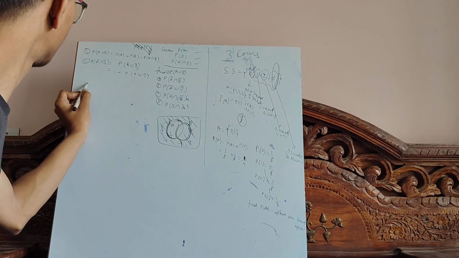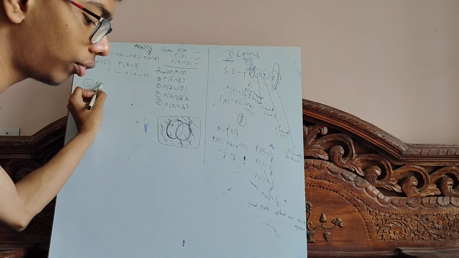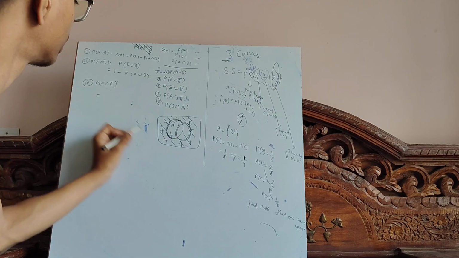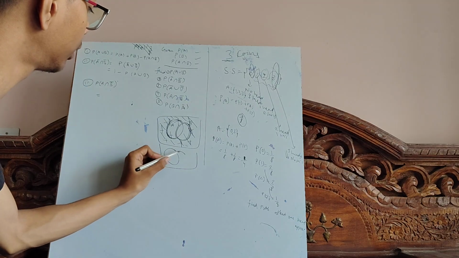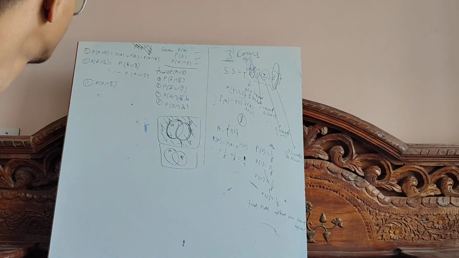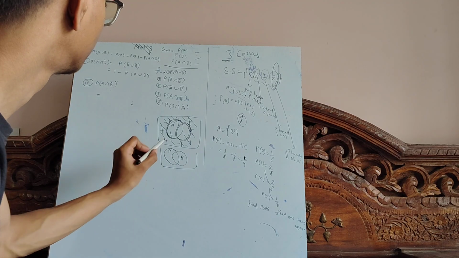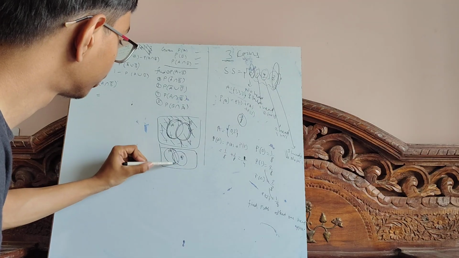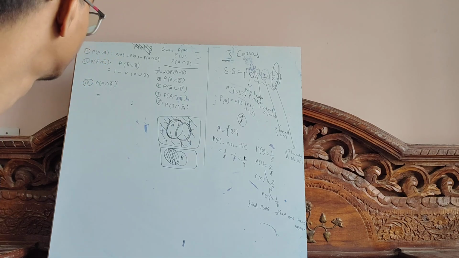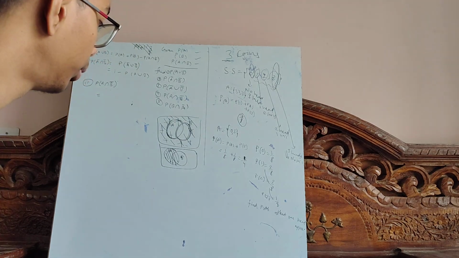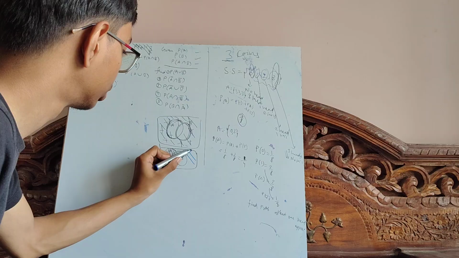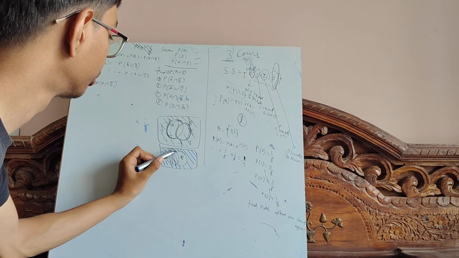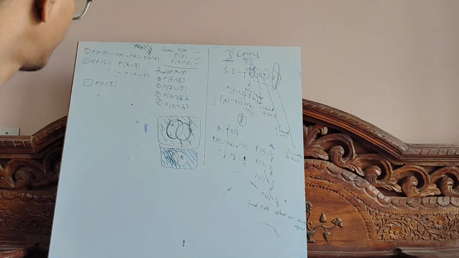And then for third, probability of A intersection complement of B. So this is A, this is B. Now A will be this one, and B complement will be this, this is my B complement, right?